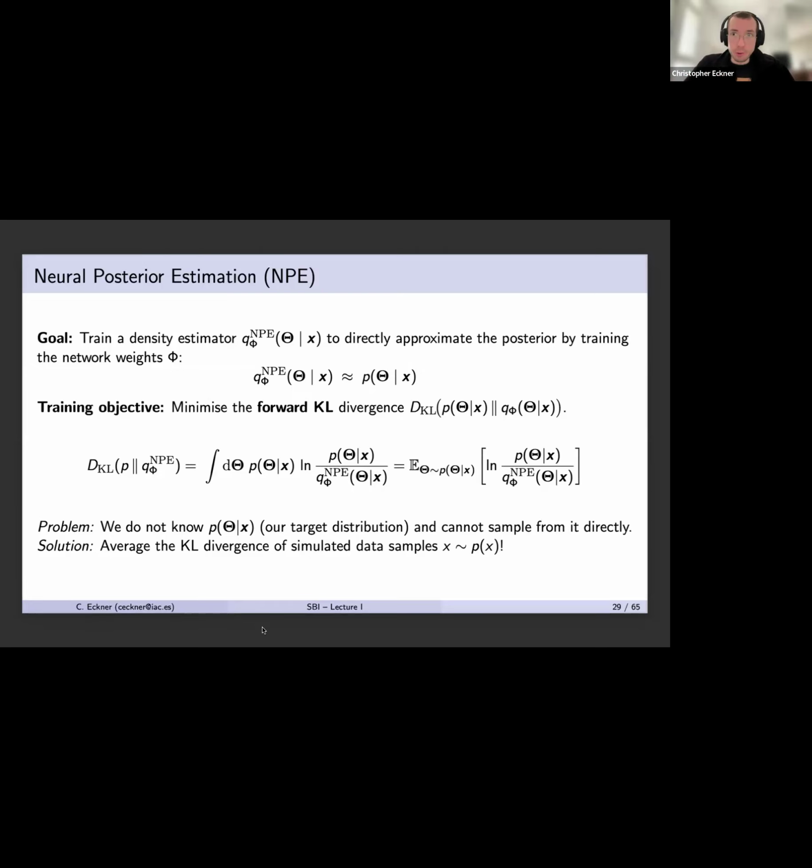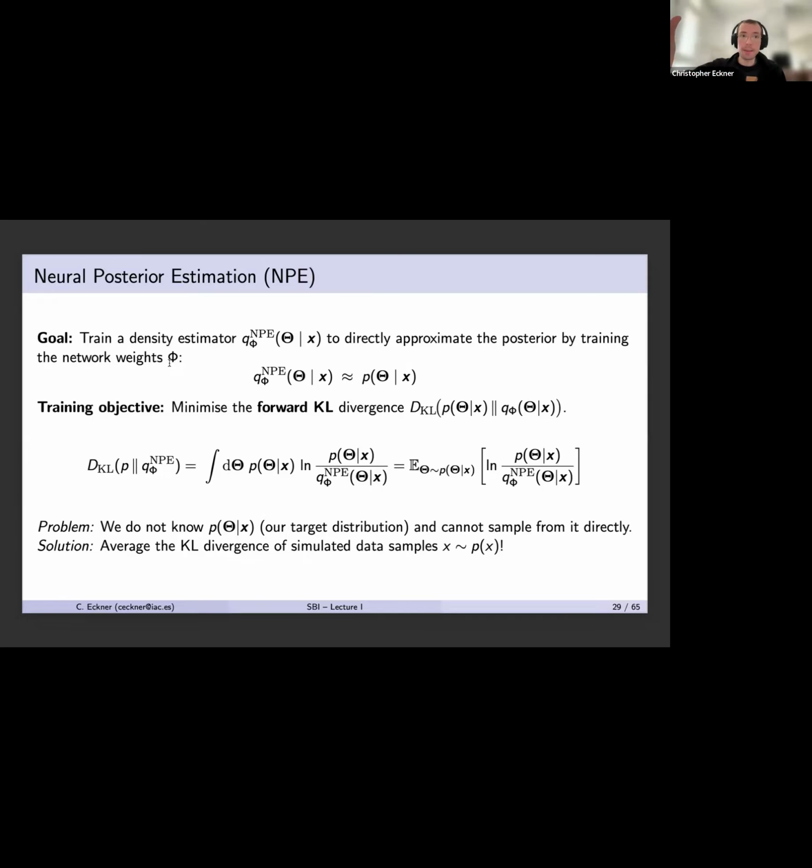We don't know the true posterior in the first place. But what we can do is say that we have a neural network that parameterizes this distribution, and what we want to train are the network weights. And this is what goes into the problem.